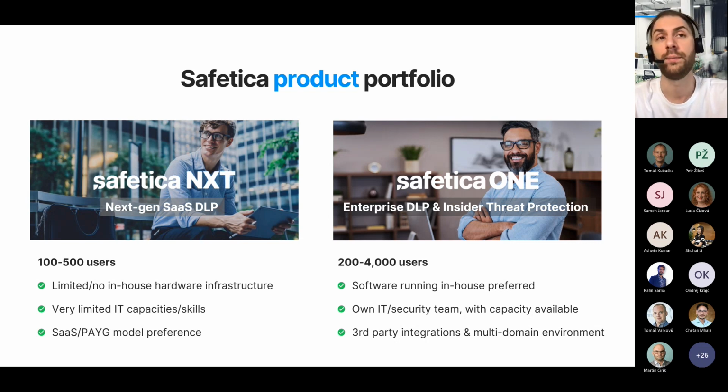These are as well the companies that usually require third-party integrations with a full security stack, with SIEMs, with network security tools, with data analytics like Tableau or Power BI. And at the same time, these are usually companies with multi-domain environments. So this is something that we are covering with Safetica One.